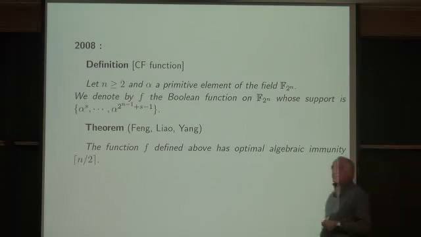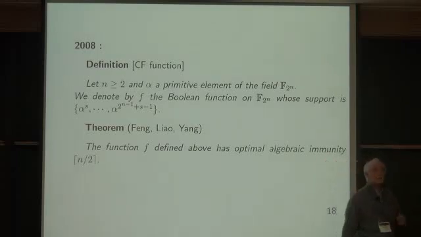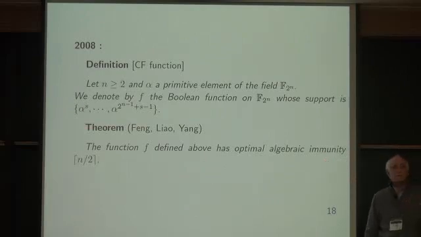And magically, this function has optimal algebraic immunity. And the magic comes from coding, because when you try to find that this function has no annihilator of degree strictly less than n over 2, or the ceiling of n over 2, you can do it by using the BCH bound. For someone who is interested in crypto and in coding, this was heaven.